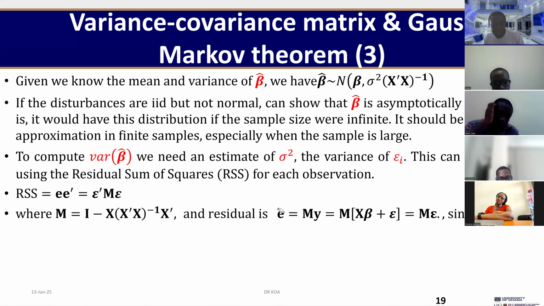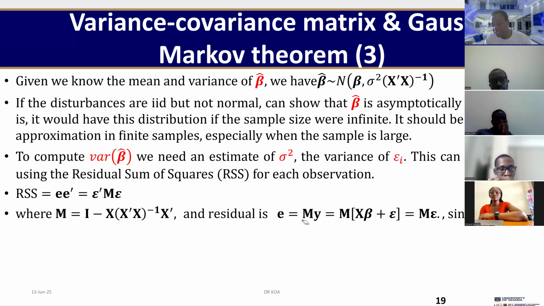And so we can see that this error can be equal to My, okay? Which, when you replace the y by this x beta plus epsilon, we can say that it is equal to this, M epsilon, because Mx is equal to 0. This x beta plus epsilon, when you check this critically, is not the same as E. Let me just put E, because this one is epsilon and this one is E, so that we don't confuse ourselves.